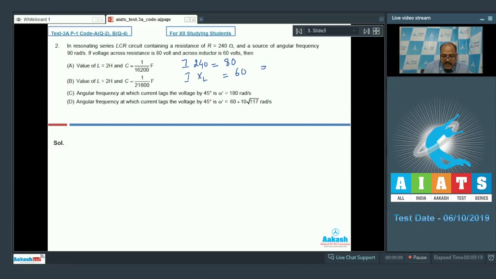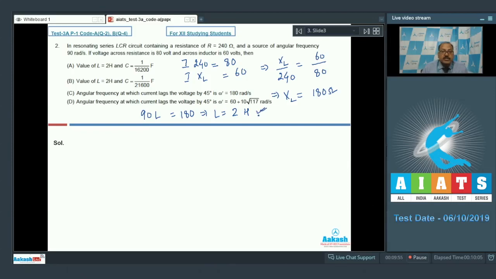Now this tells us that XL by 240 is equal to 60 by 80, which means XL itself is 180 ohm, right? Now what is XL? XL is omega L, where omega is given to us as 90 radian per second. So 90 into L is 180 ohm, which gives us L as 2 SI units or 2 Henry. So L is 2 Henry.